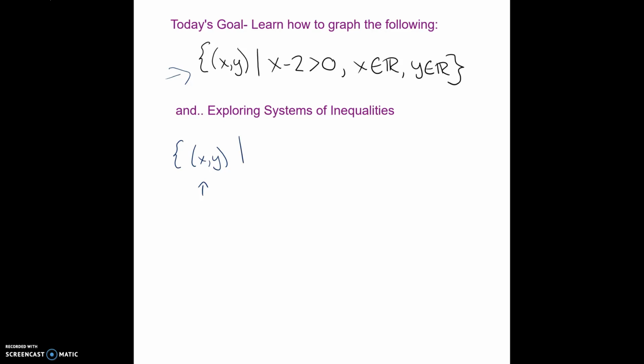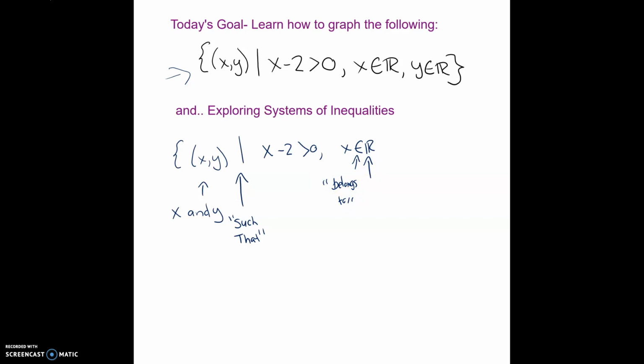So if we were to read this left to right, this would say x and y. This line means such that. And then here is our linear inequality. X minus 2 is greater than 0. And then this last part, this fancy looking E, means belongs to. And this is talking about what kind of number system.